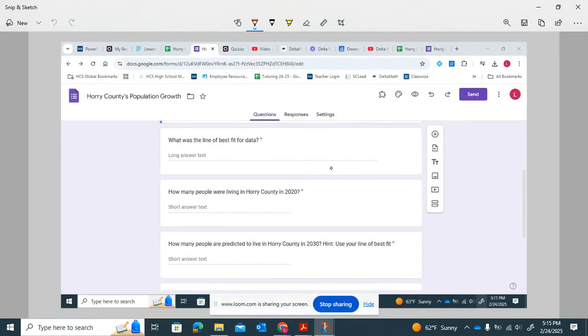So you should have typed in y equals 8884.59x plus 187,894. I didn't tell you what to round to, so if you drop the decimal, that's fine. If you round it up one, that's also fine. But that is the line of best fit.